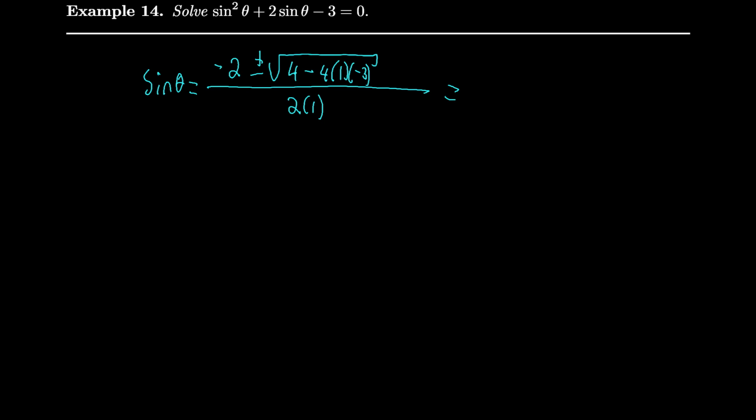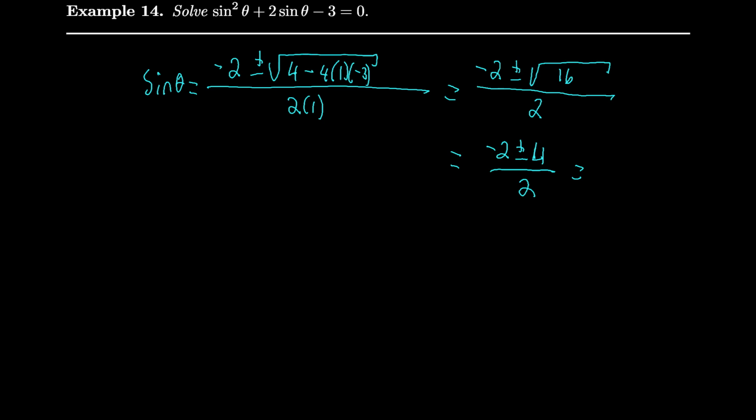Go ahead and solve this really quickly. So this is minus 2 plus or minus the square root of 4 plus 12, which is 16. Oh, this is going to work out a lot better for me already, I can tell. Over 2. So this is going to be negative 2 plus or minus 4 over 2.